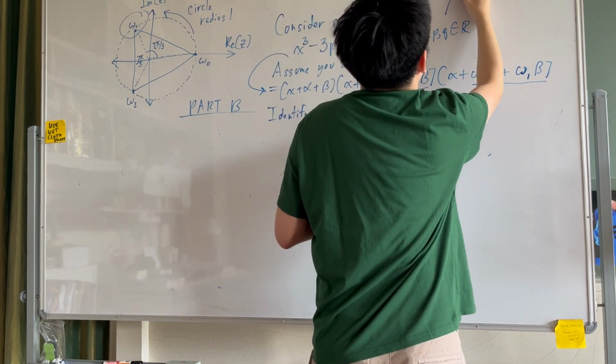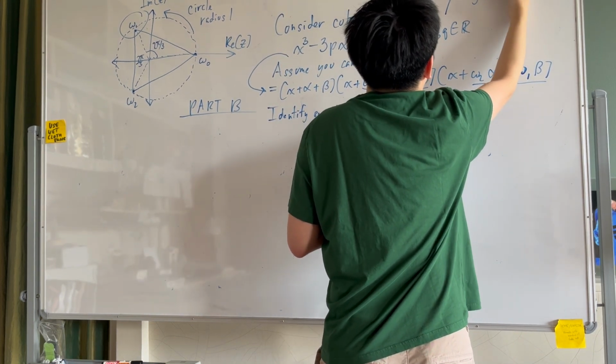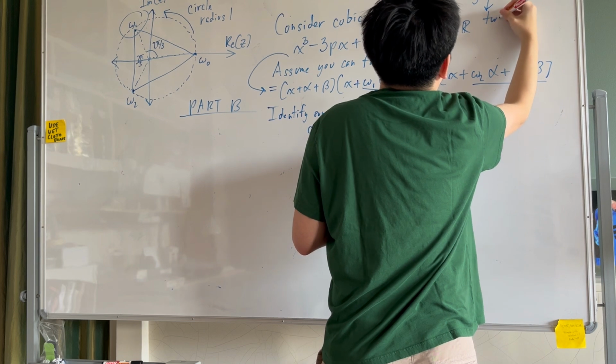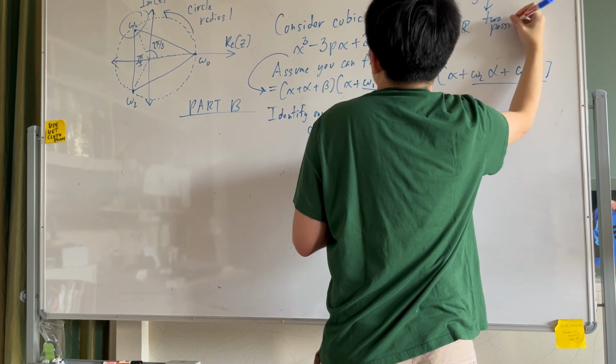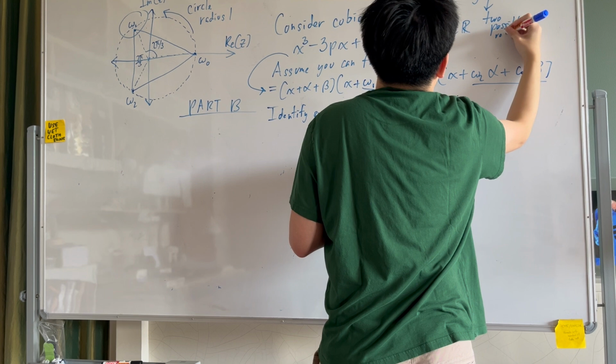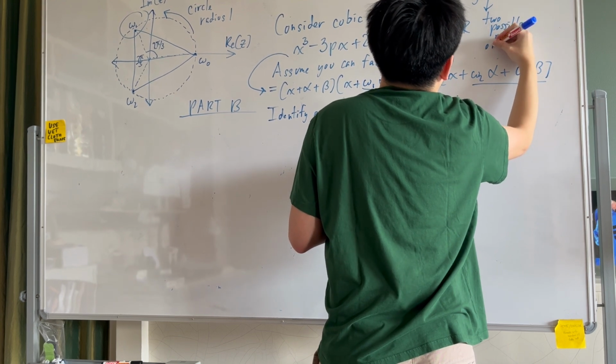My apologies, I'll write here again. Alpha, beta, two possible roots of the cubic.